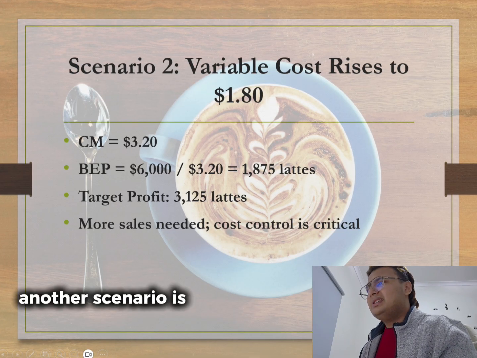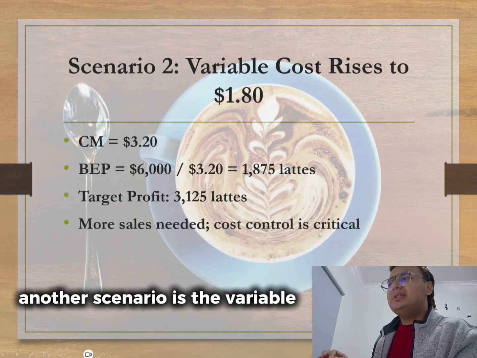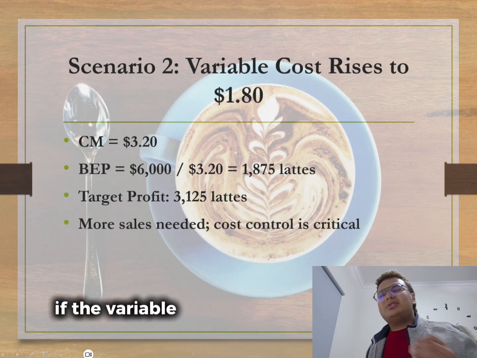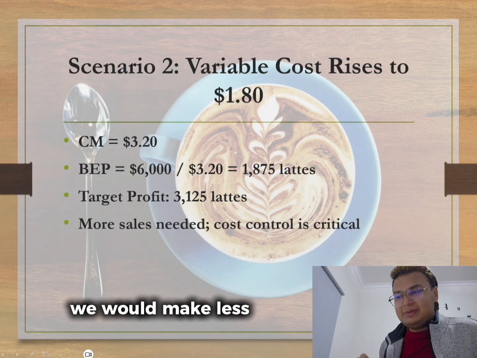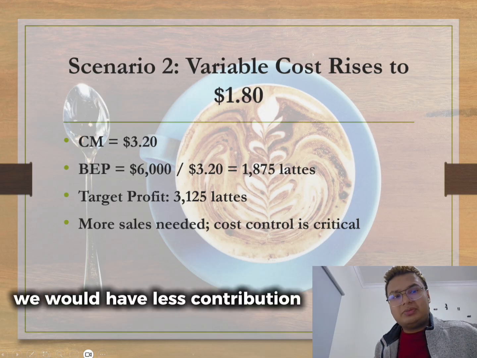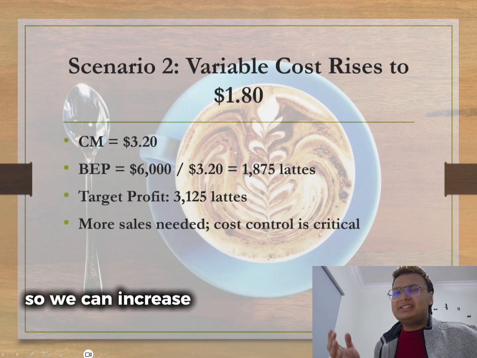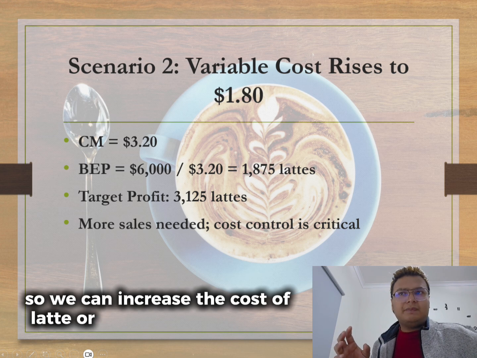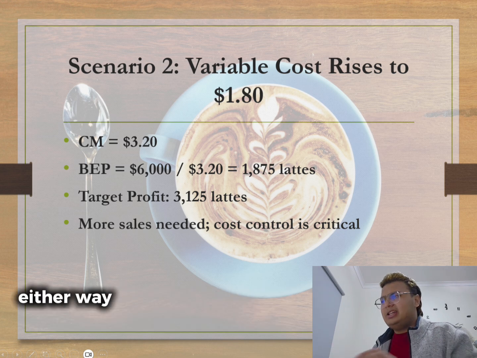Another scenario is when the variable cost rises. If the variable cost rises, we would have less contribution margin per latte, so we can increase the price of the latte or try to sell more lattes. Either way it would work.